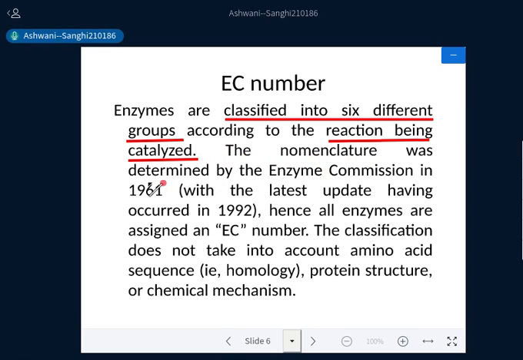Nomenclature was determined by the Enzyme Commission in 1961, with the latest update having occurred in 1992. Hence, all enzymes are assigned an EC number. The classification does not take into account amino acid sequence, that is homology, protein structure or chemical reaction.